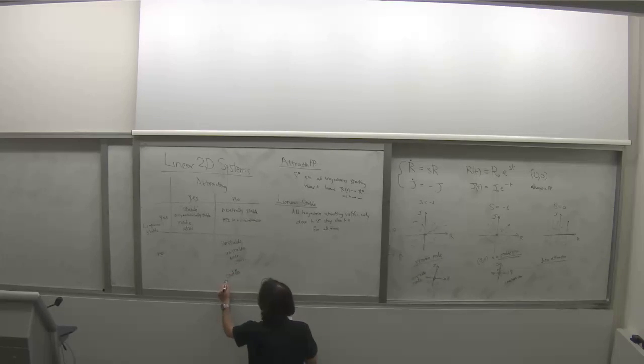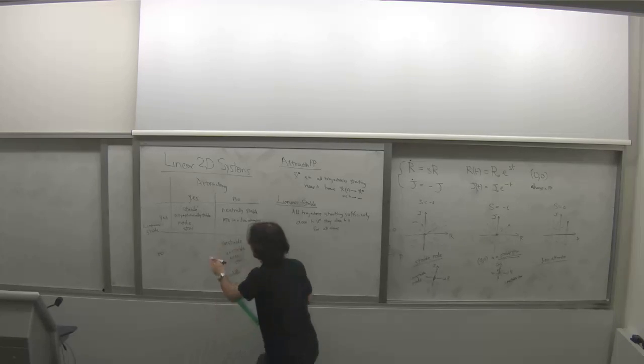Also the fixed points in an unstable line attractor. So we just call them unstable.